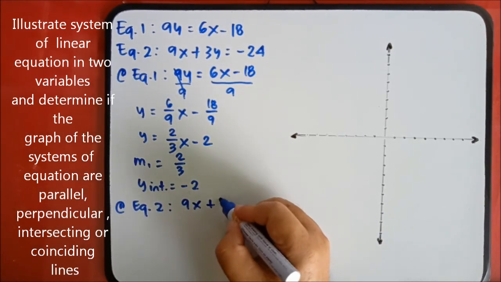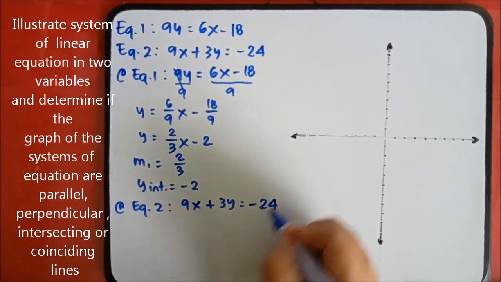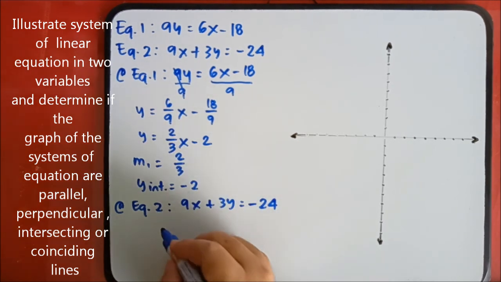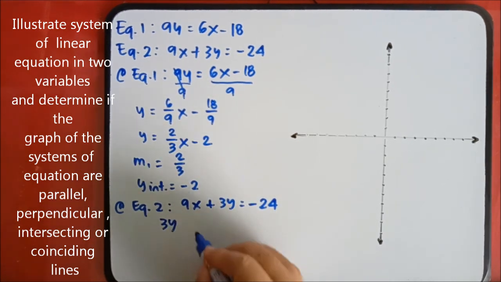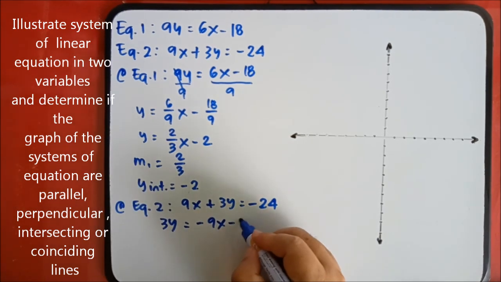At equation number 2, 9x plus 3y is equal to -24. Okay. Transpose 9x to the other side. This will become 3y is equal to -9x minus 24.